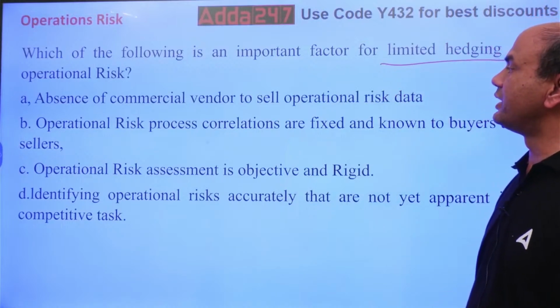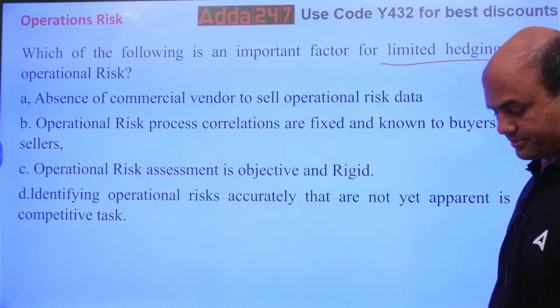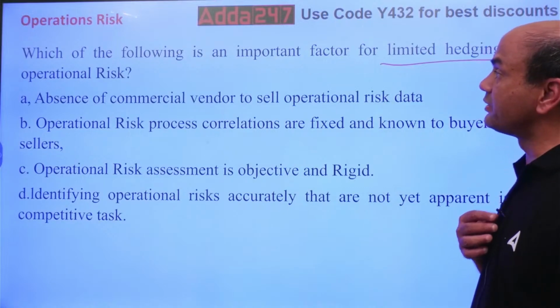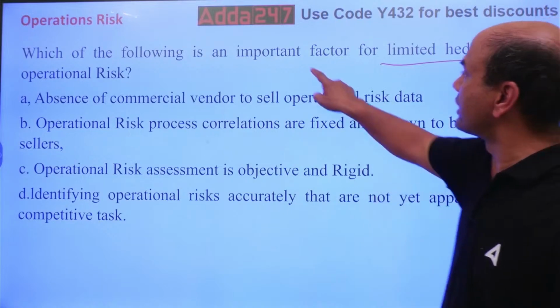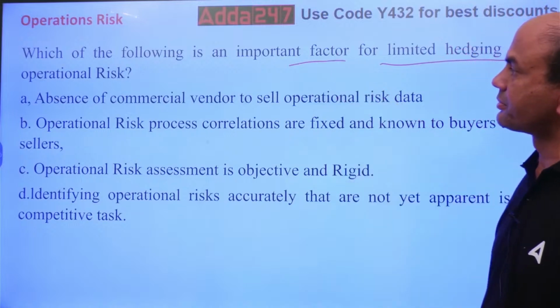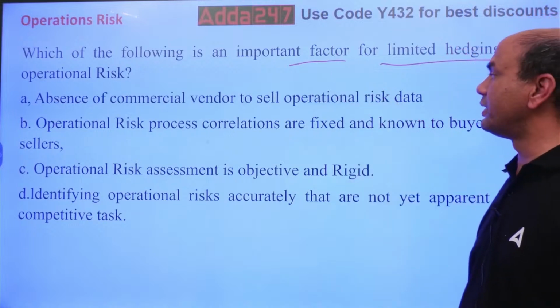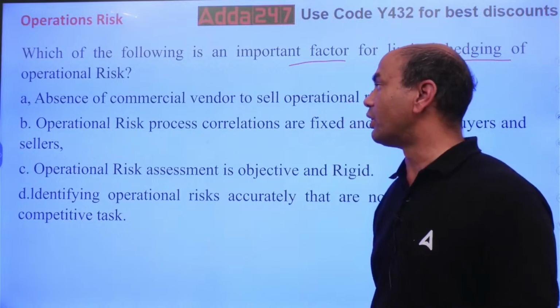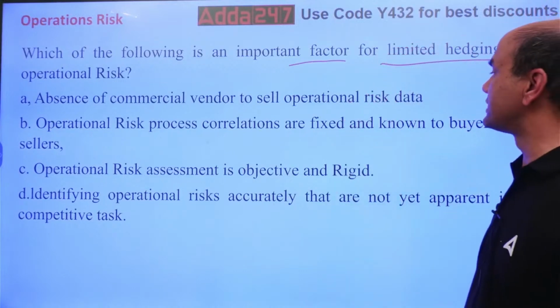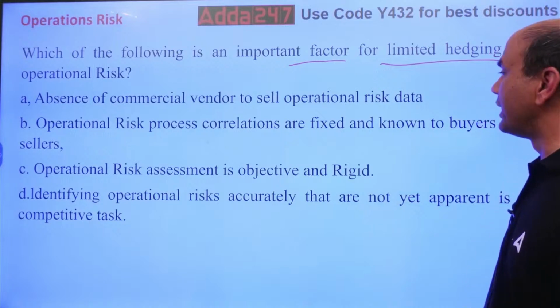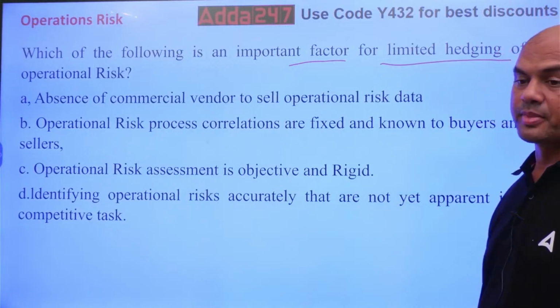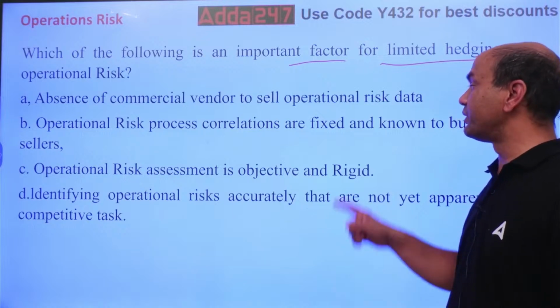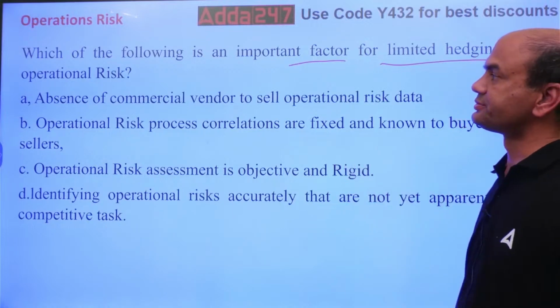Absence of commercial vendor to sell operational risk data. It can be one. Operational risk process correlations are fixed and known to buyers and sellers. So processes are fixed and known to buyers and sellers.